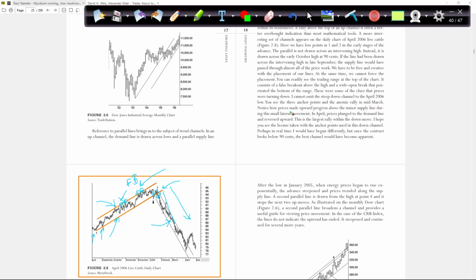Notice how prices made upward progress above the minor supply line during this small lateral movement. In April, prices plunged to the demand line.